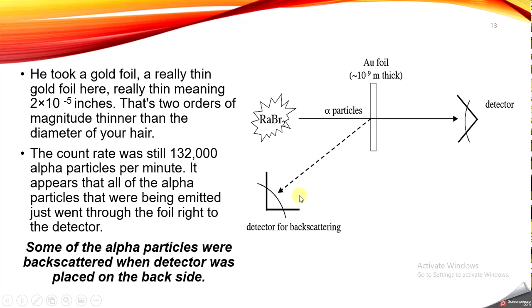When he measured the rate, it was very low compared to the alpha particles going through the foil, but some alpha particles were backscattering from the foil. This was something interesting. He wanted to understand the alpha particles and their nature.